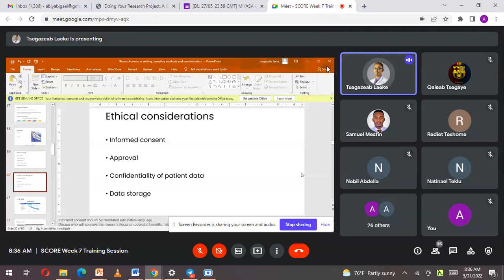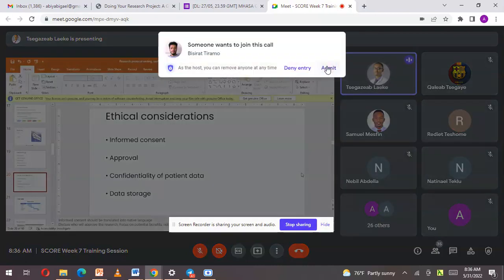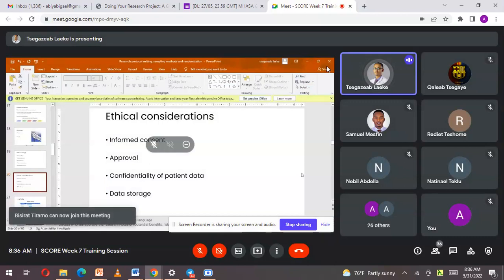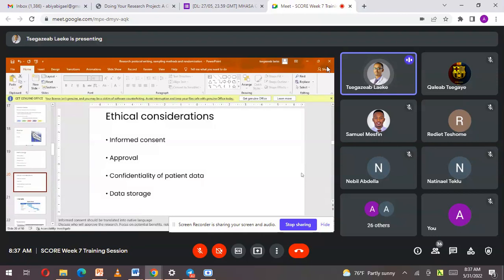So you have to take time to explain what the research is all about, and you have to explain to your study subjects that there is no damage to them at all, and also clearly mention that they might withdraw from the study if it is against their will. So you have to do that.